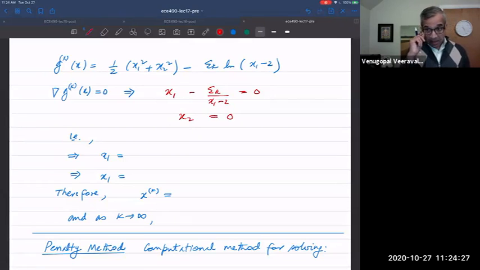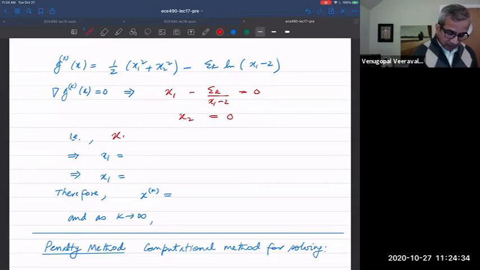So from that first equation, we get that x1 squared minus 2x1 minus epsilon k is equal to 0.